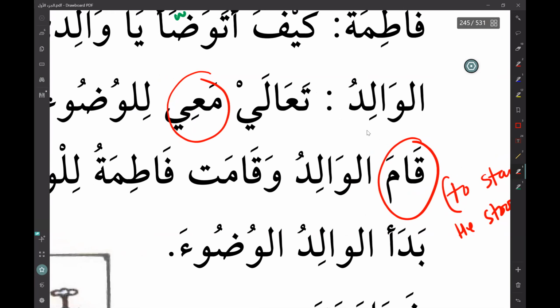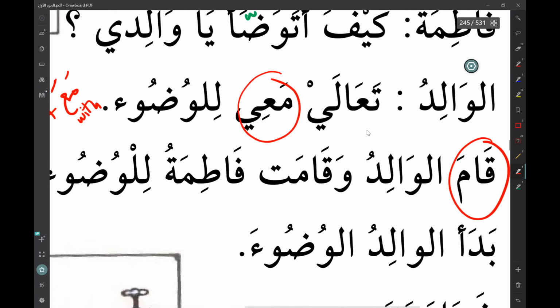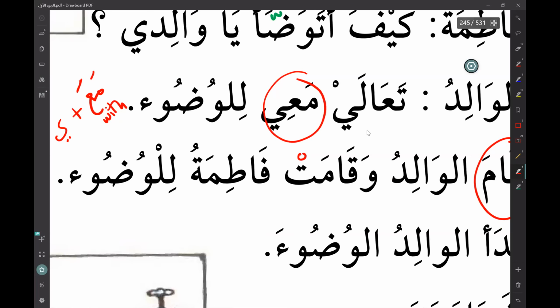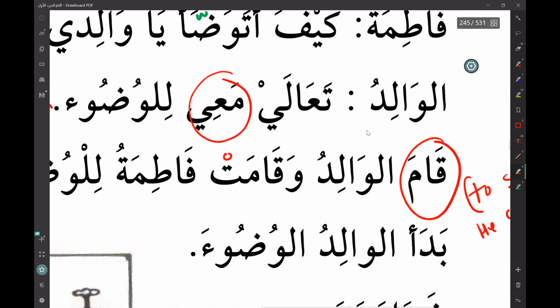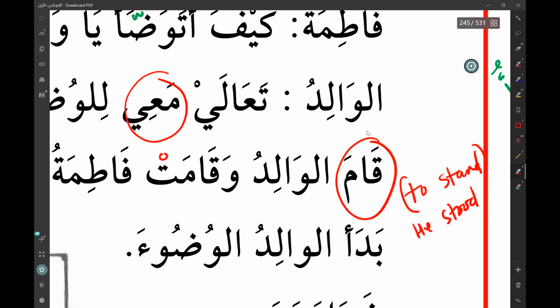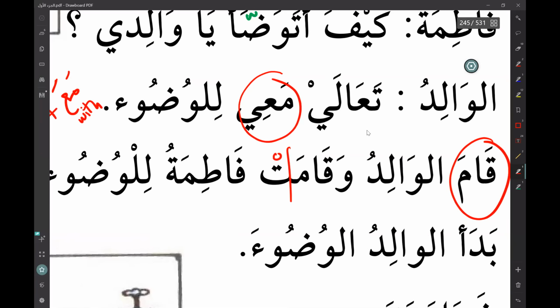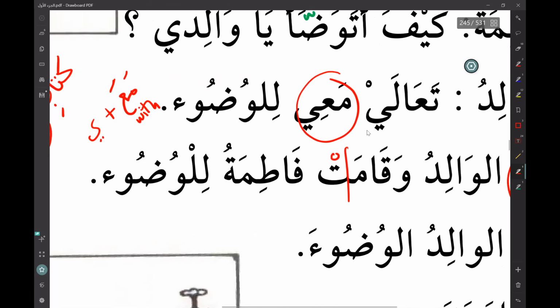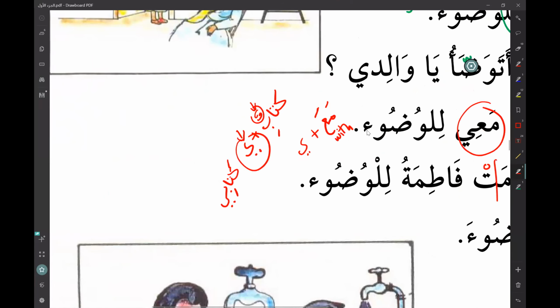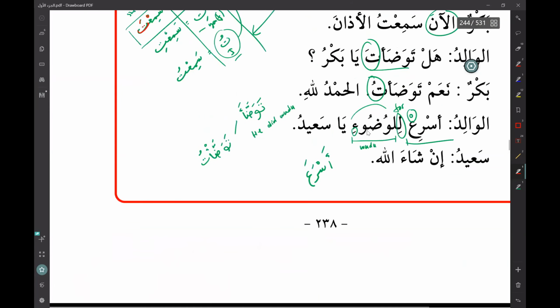Qama al walidu wa qamat Fatimatu. Look what's happening. We have qama al walidu, the father stood up, is the same verb qama, but we added what? Ta with sukun. Qamat Fatimatu. Then the meaning is Fatima stood up. So remember last time we talked about, I don't know if we said, oh yes guys, I definitely mentioned.